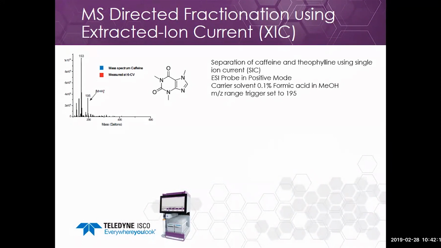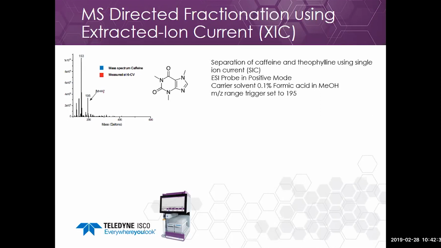So we have the caffeine, this is the mass spectra of the caffeine fraction that we eluted. You see the structure of caffeine there with a lot of heteroatoms, so it makes sense to use ESI in the positive mode. We use 0.1% formic acid and methanol as a carrier solvent.